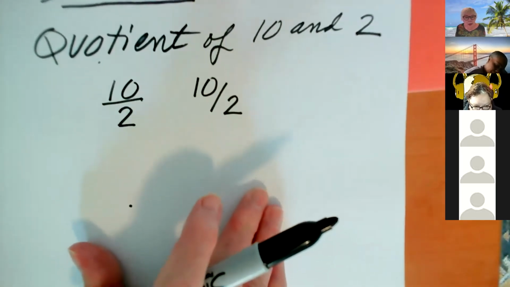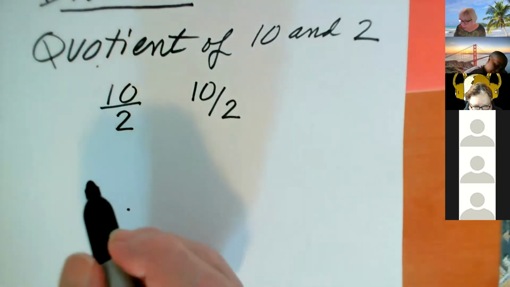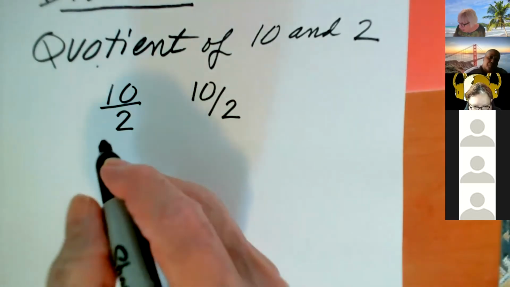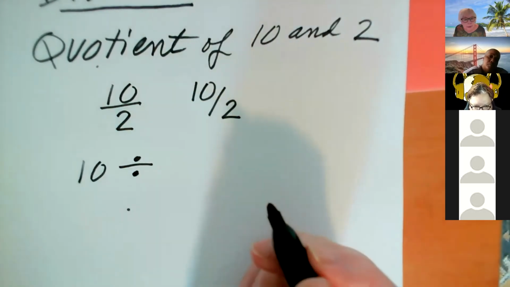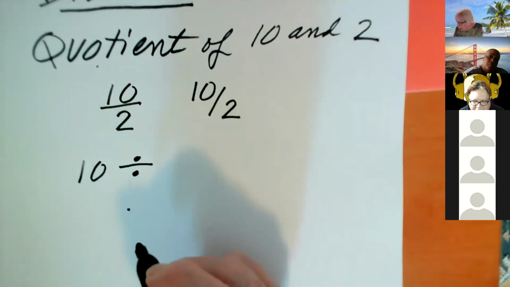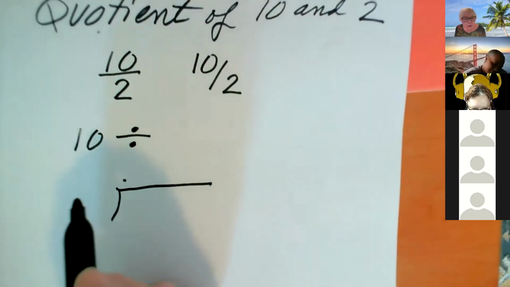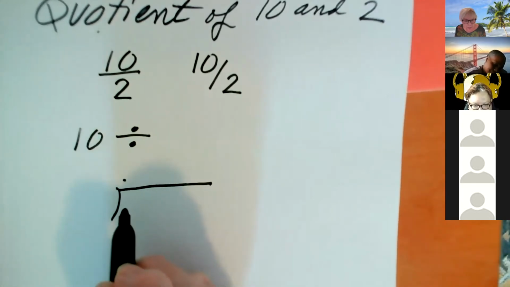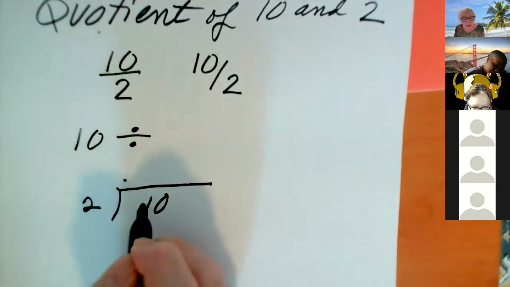Does anybody know another symbol that would work for division? The half box? Oh, the box, like this? No, but that's good. Oh, I know what you're going to do, like that. Yes. So where does the 10 go and where does the 2 go with this setup? The 10 inside and the 2 outside. That's right. So this is 10 divided by 2.